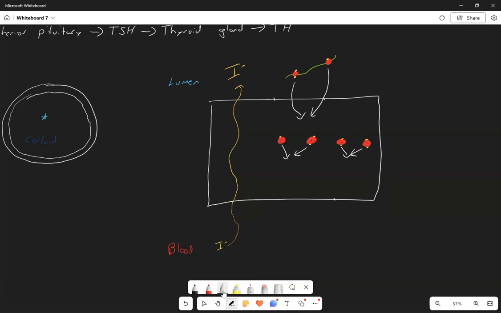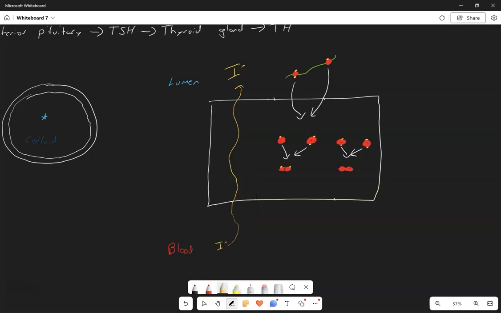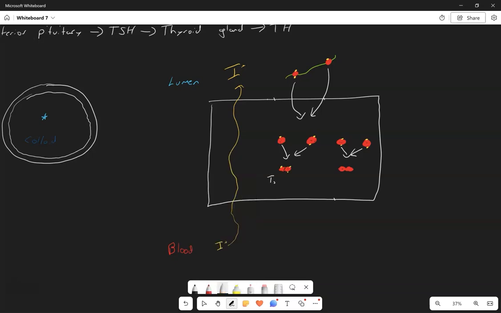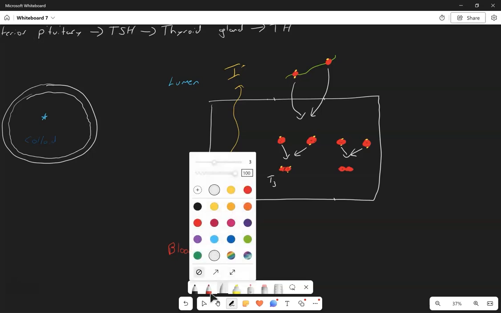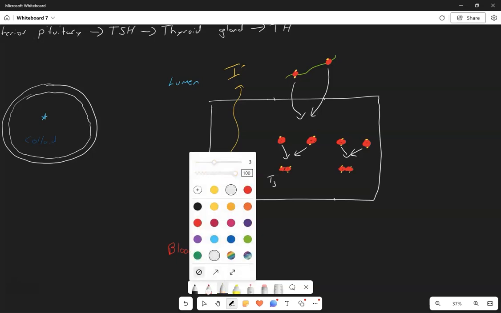So if we combine these, like so, we end up with, on the left here, a total of 3 iodine molecules, which is triiodothyronine, or T3. And then over here on the right, we end up with 4 iodide molecules, which is tetraiodothyronine, or T4.